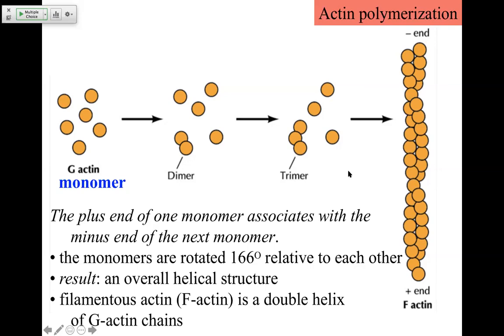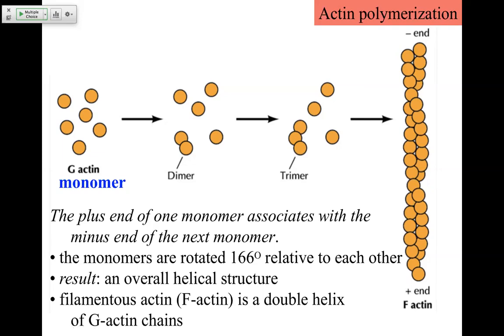And the actual F-actin is essentially a double helix of chains of G-actins with a plus end and a minus end, right? So that double helical polymer we call F-actin.